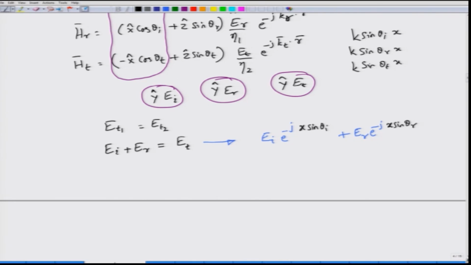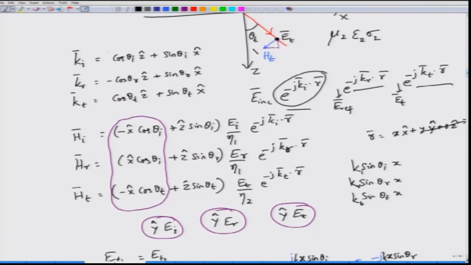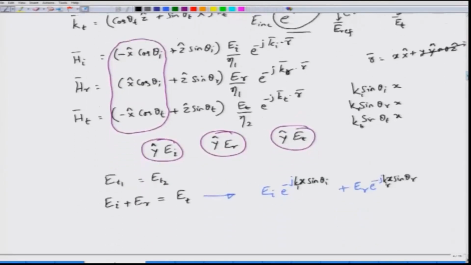So, there is k here and this k has to be ki, kr and kt. Oh yeah, here I forgot to put ki. This has to be multiplied by the magnitude of k, which is ki for the incident vector, kr for the reflected and kt for the transmitted wave vector. Okay. Sorry, I forgot to put that.